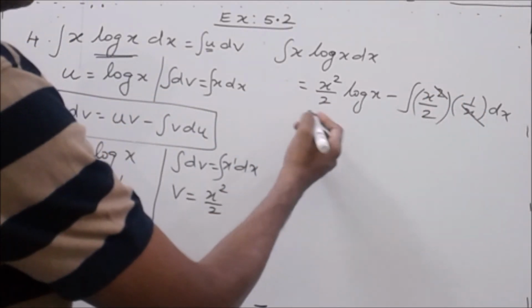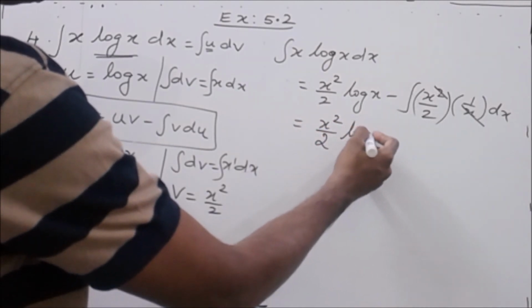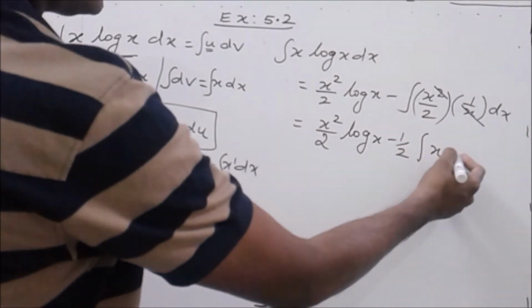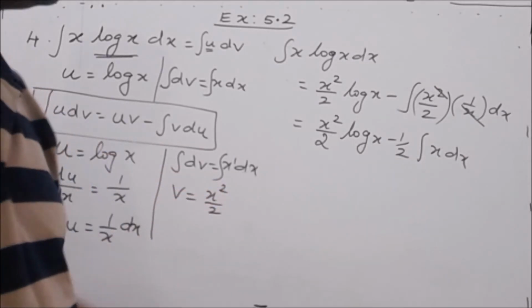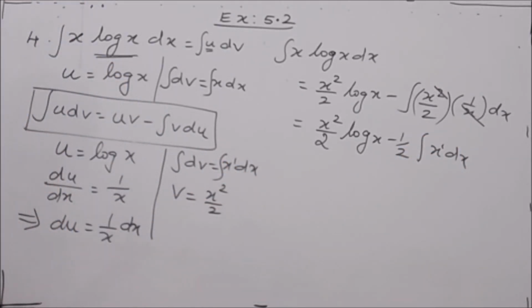Take 1 by 2 as common: x square by 2 into log x minus 1 by 2 into integral x dx. What is the integral value of x dx? Using the x power n formula, x power n plus 1 by n plus 1, plus c.